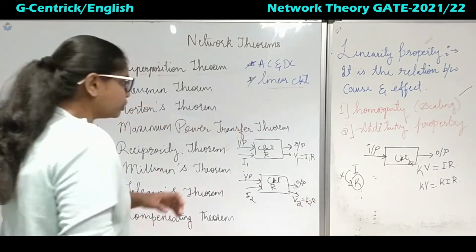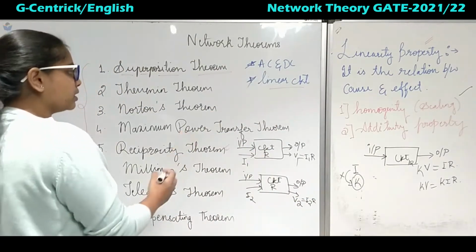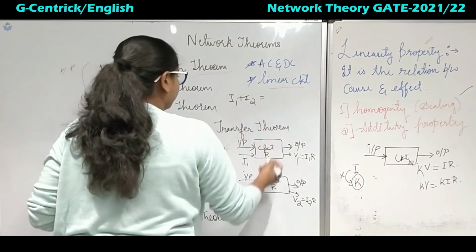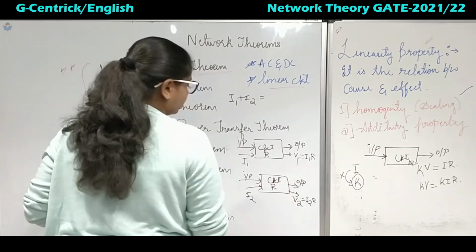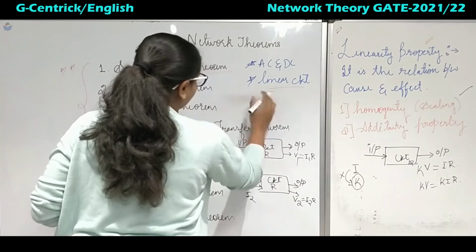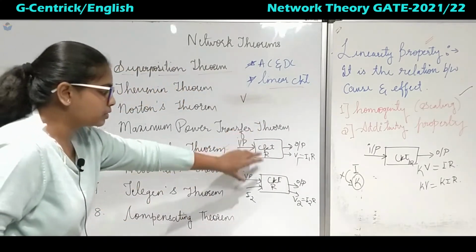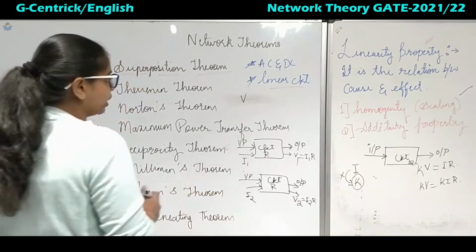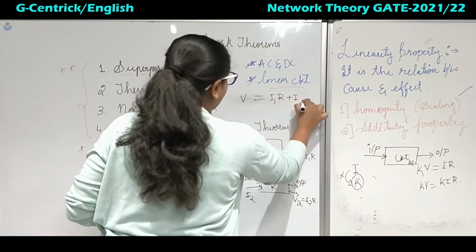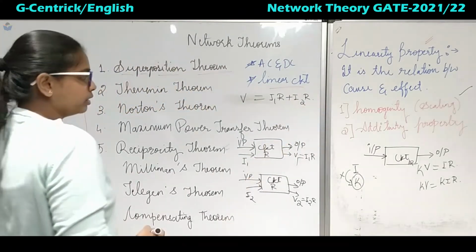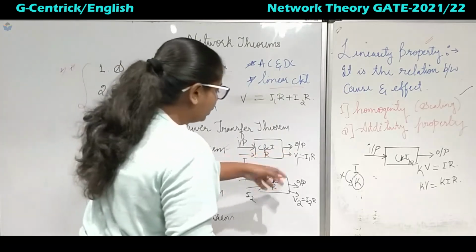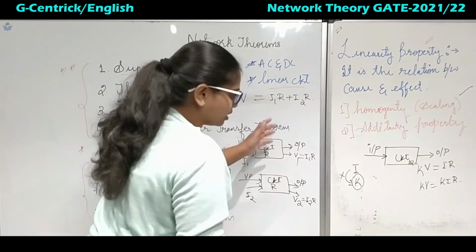The additivity property says that when the input is I1 plus I2, the output should be the total V, because the same circuit is applied with two inputs. It should be I1 into R plus I2 into R, or you can take it as I1 plus I2 times R, since it is a resistive network.